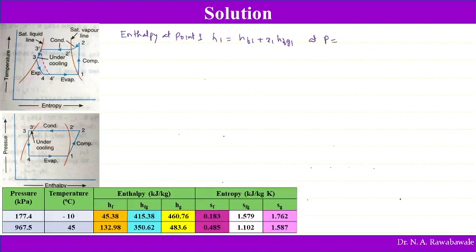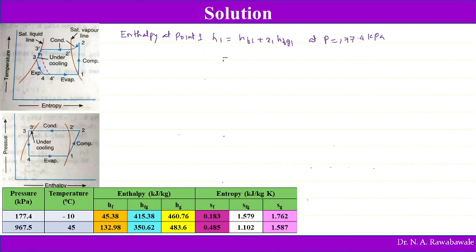So now this is at the lower pressure P, that is 177.4 kilopascal.